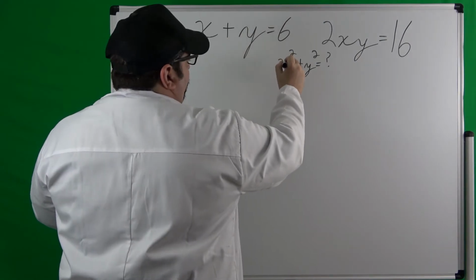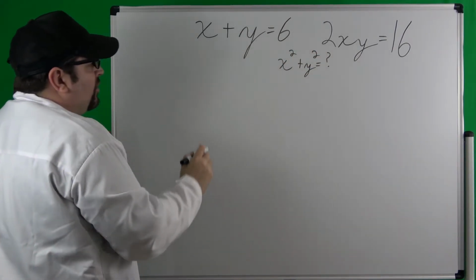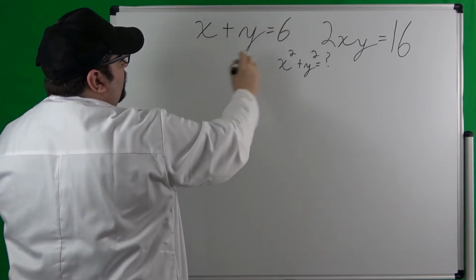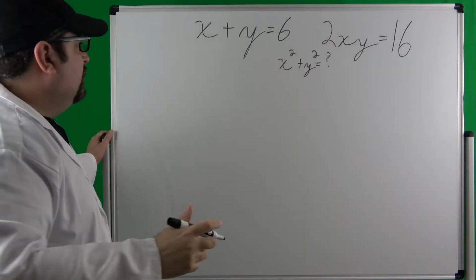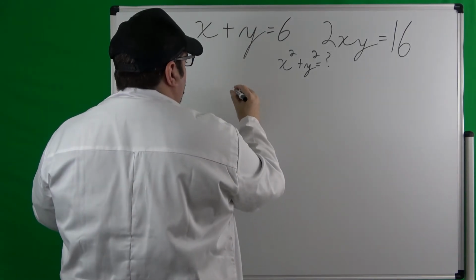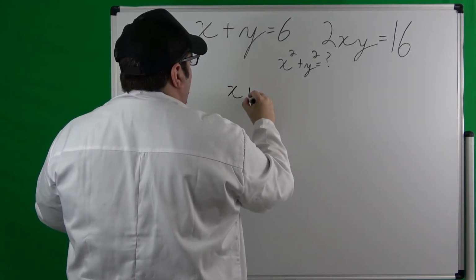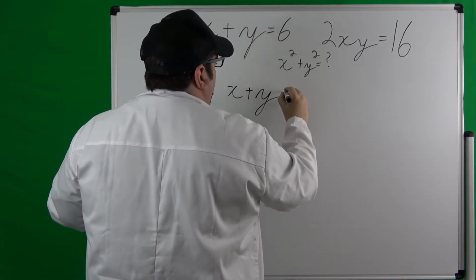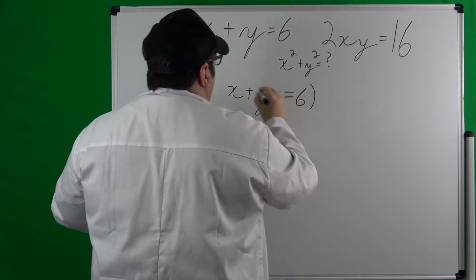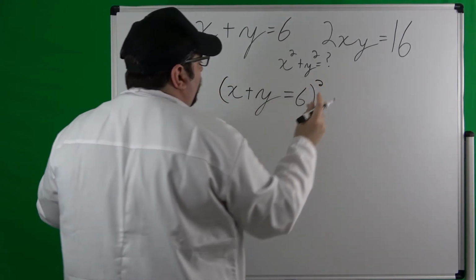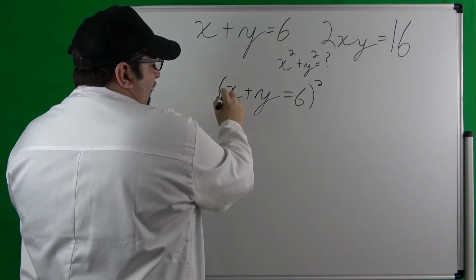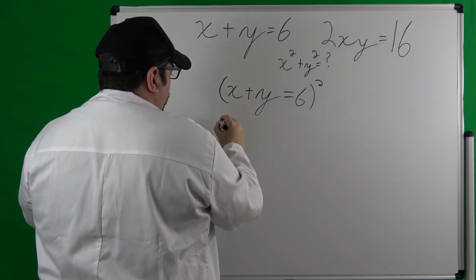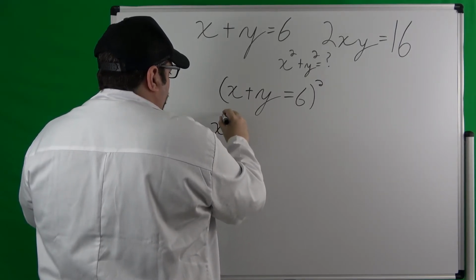Since we're looking for x squared plus y squared, we're going to square the whole first equation and see what we get. So we have x plus y equals 6, and we're just going to square the whole thing. So x plus y squared would be x squared.